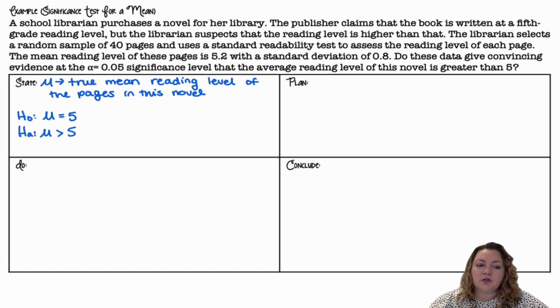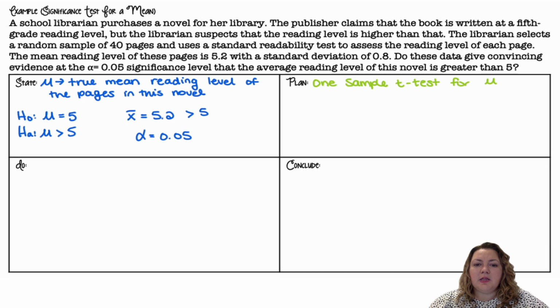And because my alternative is greater than, my null could be less than or equal instead of just equal, but we can only test at one value, so I'm going to keep it with the equal. X bar, my sample mean, is 5.2, which is greater than 5, so that's giving us some evidence to support our alternative. And our alpha value is 0.05, which was told to us.